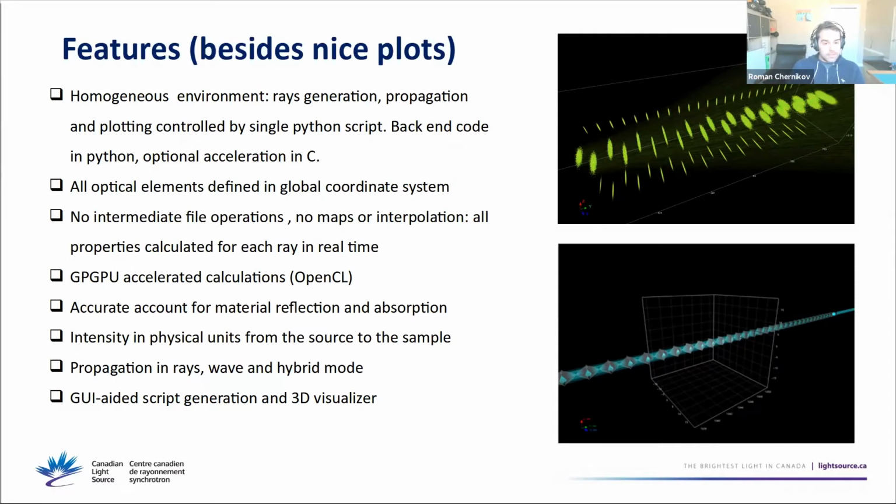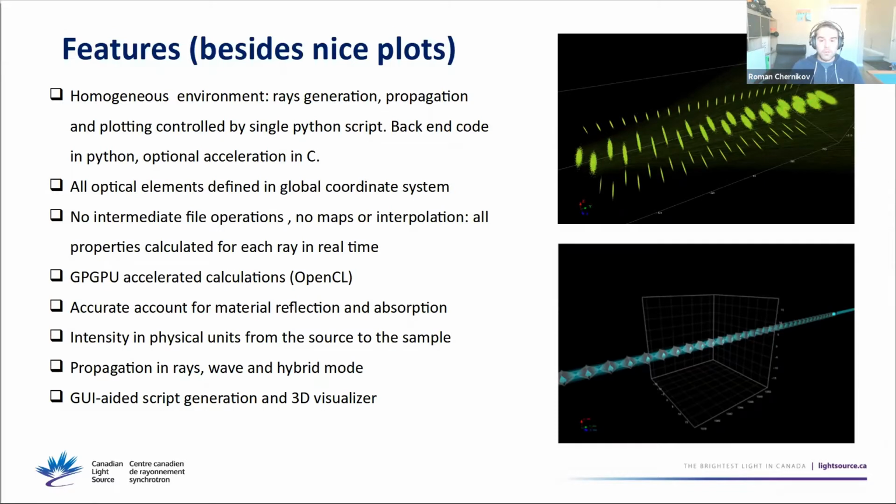Again, unlike Shadow, we work in global coordinate systems. So if you define an optical element, it will be not just a distance from the previous element, but its real coordinate in real space, pretty much like you use it in real life.